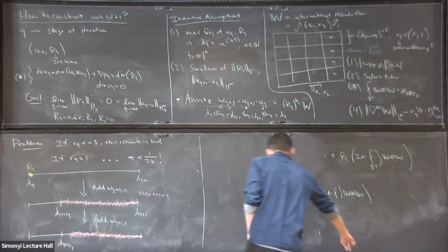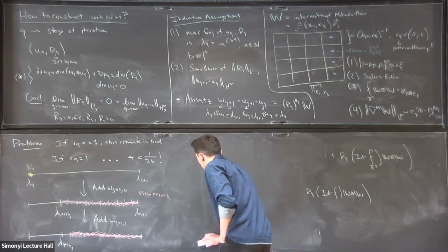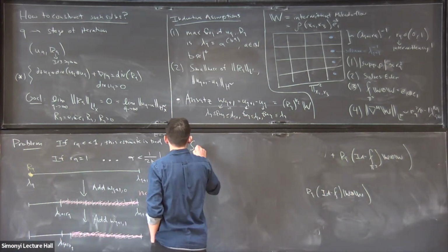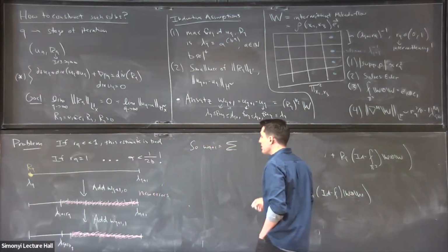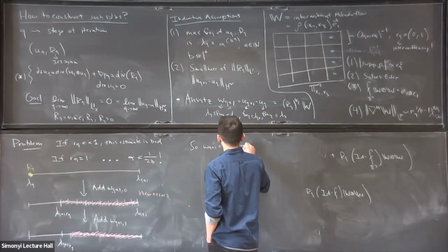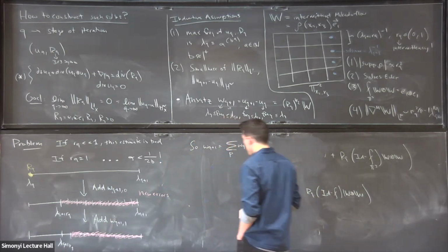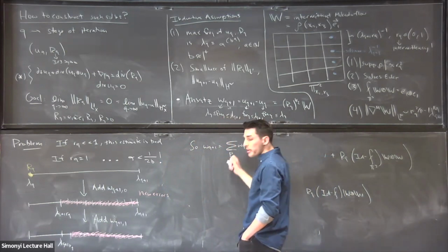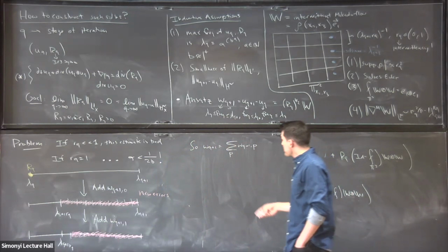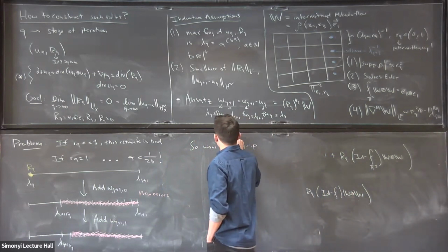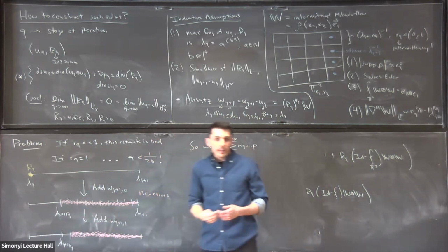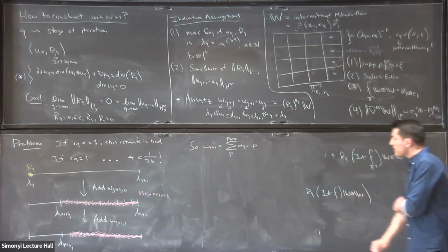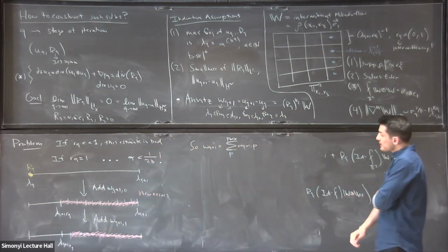So let's say W_{q+1} equals some sum of W_{q+1,p}. And this parameter p ranges over some set of values, which is just the number of bins that I have. And for me, it will be independent of q. That's important.